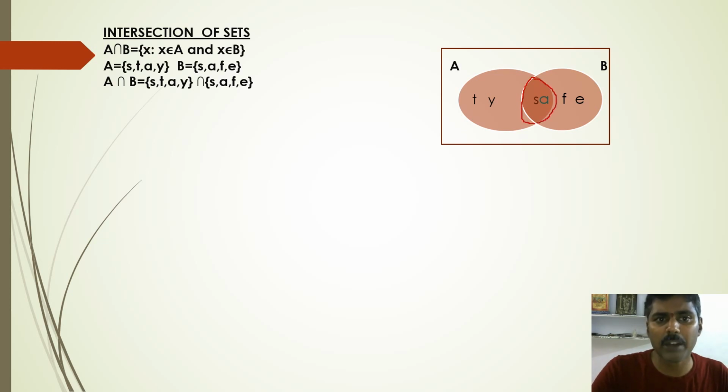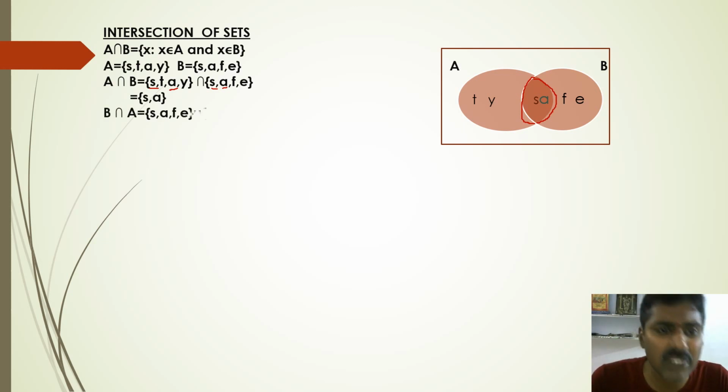So what do you get from that common part? These two letters, S and A. So A intersection B becomes {S, A}. This is the common part. In general also we can take common things. For example, with the previous example of the states of India, the union gives all the states in India, and the intersection is the common region bounded between two states.